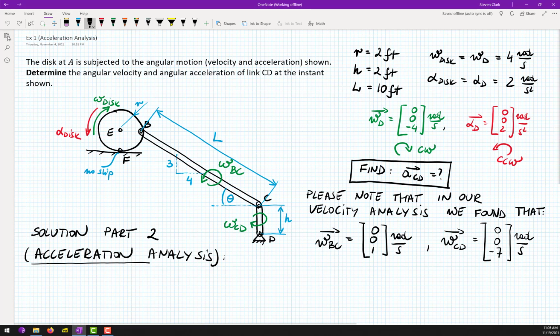They told us that alpha disk and omega disk are known, and they are equal to 2 and 4 respectively. Omega rotates clockwise, and alpha rotates counterclockwise. And they ask us to find, oh, there is a mistake here, they ask us to find alpha CD, so alpha of this little guy.